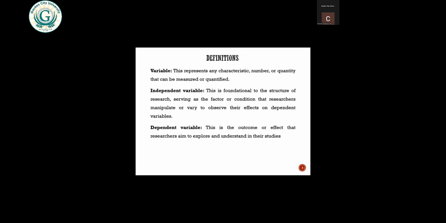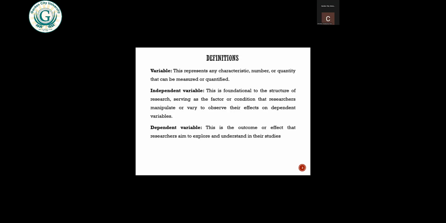Now, we have two types of variables. We have the dependent variable and we have the independent variable. For the dependent variable, we are looking at the final outcome that we are seeing.